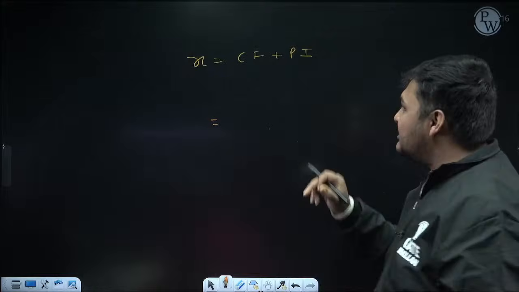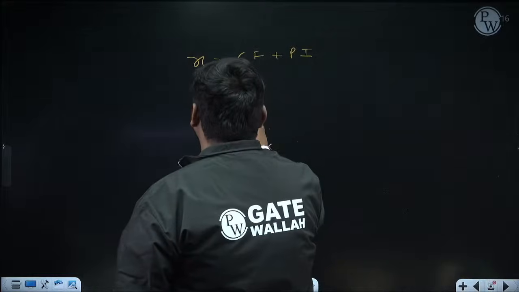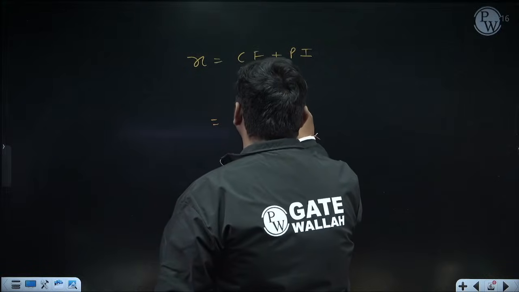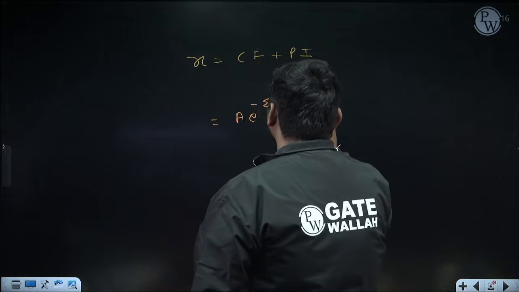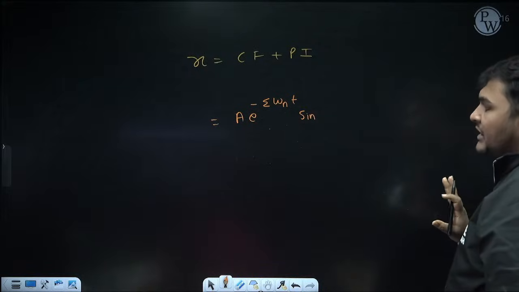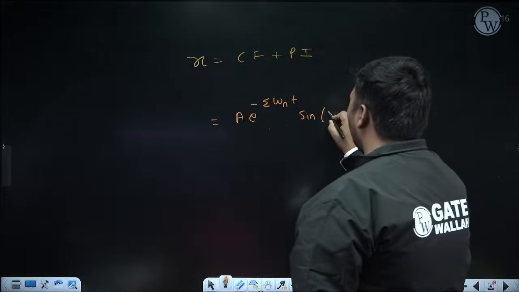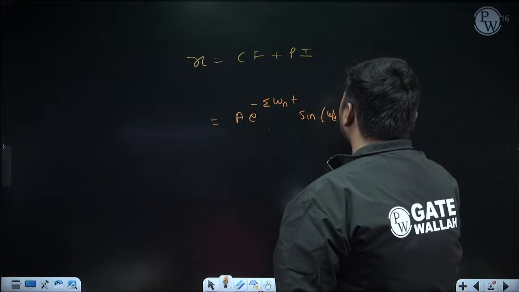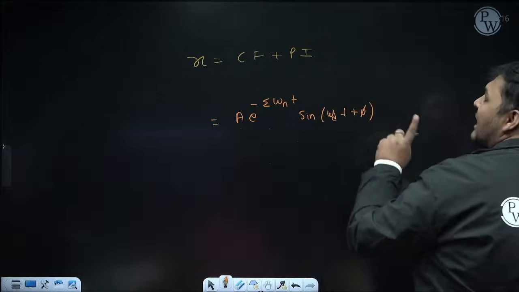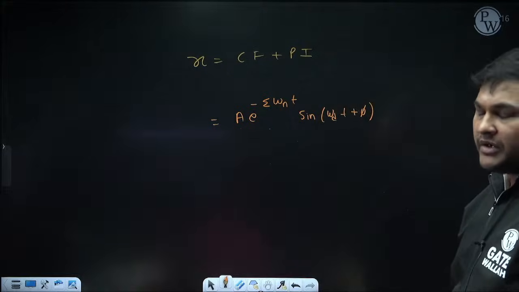If zeta is less than 1, what was the solution of free end vibration? If you try to recall, it was like this: A e to the power minus zeta omega n t sine(omega d t plus phi). Only try to understand, don't memorize anything. At last you will understand everything. Here A and phi are arbitrary constants which depend upon boundary conditions.